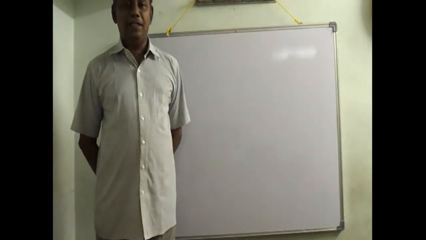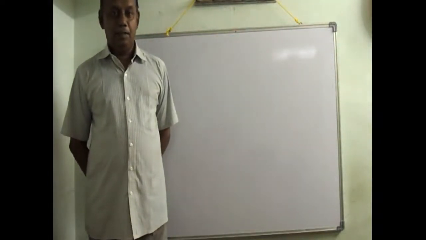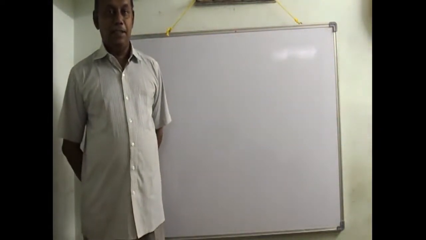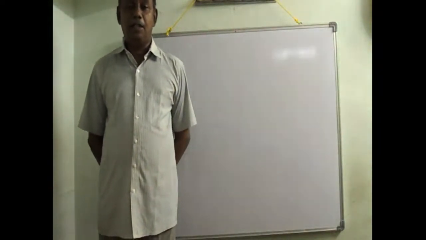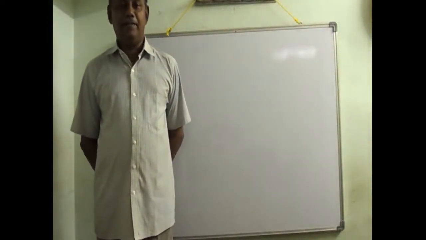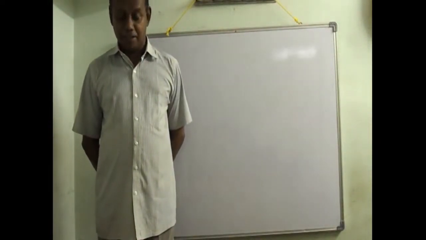Good morning, students. We have already learned the product of two vectors, in which the scalar product of two vectors and the cross product of two vectors, that is a vector dot b vector and a vector cross b vector.